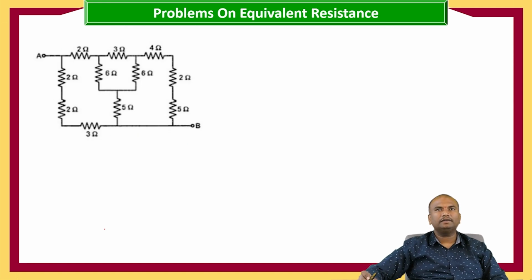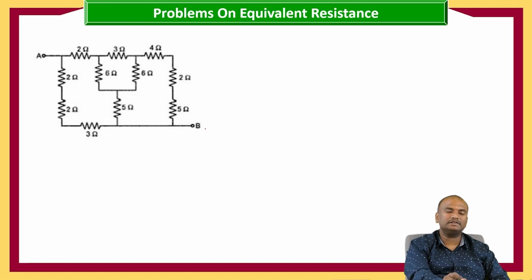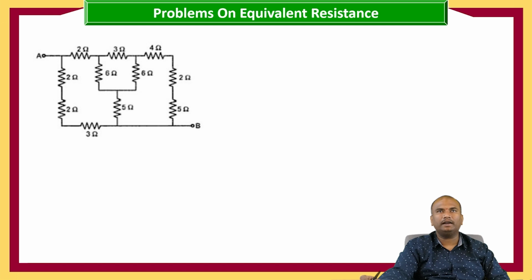The next, this is the circuit which is given between the terminals A and B. So here between the terminals A and B, here we are having number of stars and deltas. So here let us see how many deltas are there and how many stars are there.